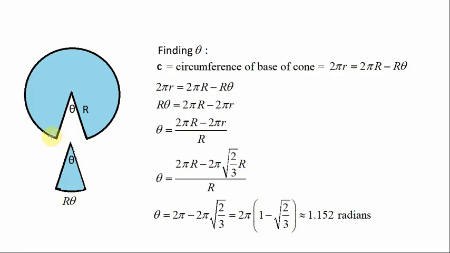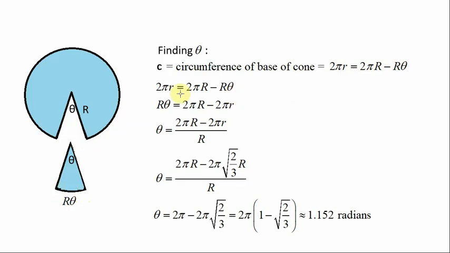Notice that the distance of this piece right here, from here to here, is the same as the circumference of the base of the cone. The circumference of the base of the cone is 2 pi times the small r, and so this piece right here would be 2 pi times big R minus R theta. So it's just the circumference of the original circle minus the length of the sector.